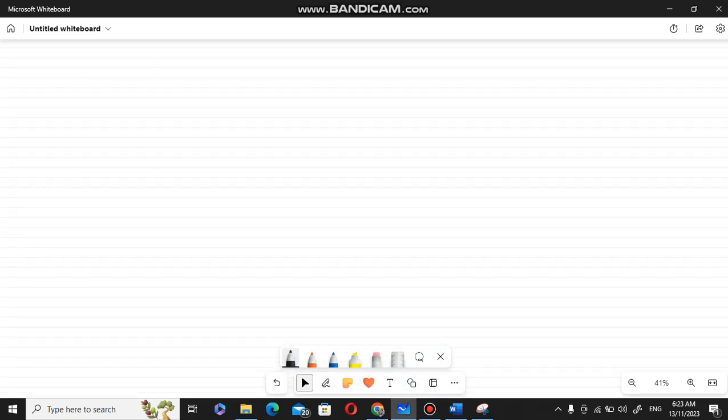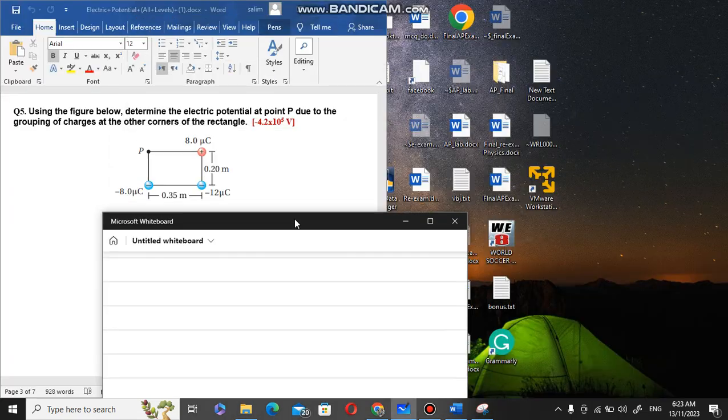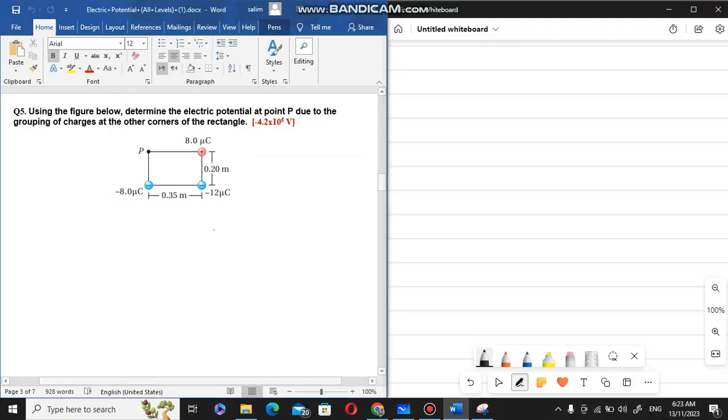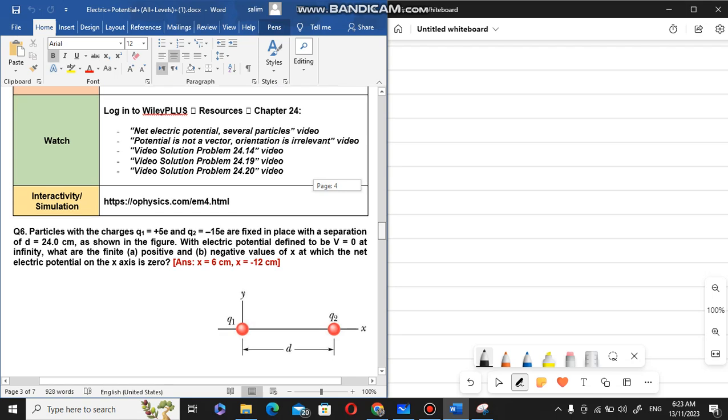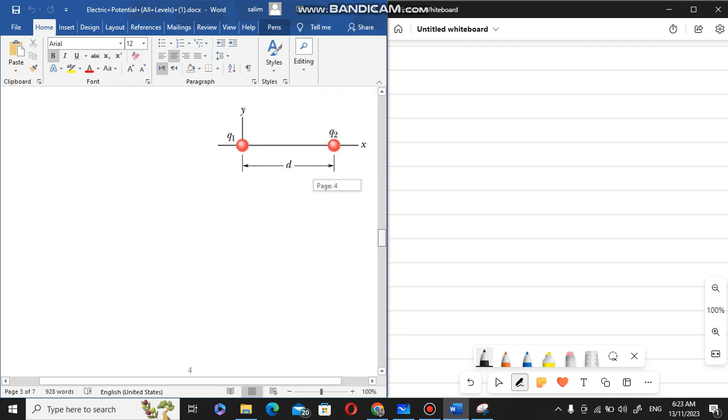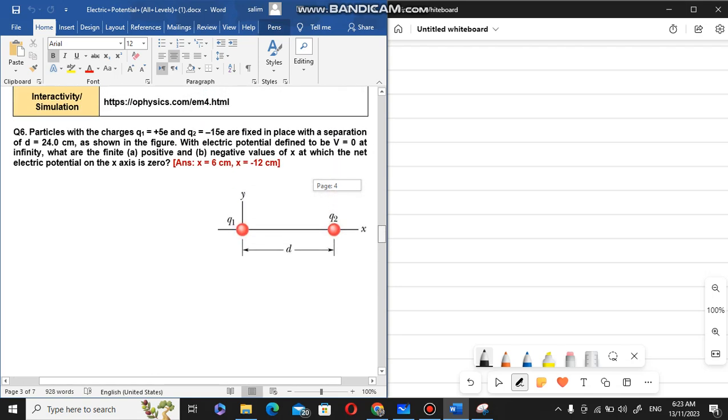Last topic in this lesson is the equilibrium position. Okay, so I'll do this example. In potential, we have two equilibrium positions. One of them is inside, one of them is outside, and we need to find both of them. The equilibrium position is always closer to the smaller magnitude.